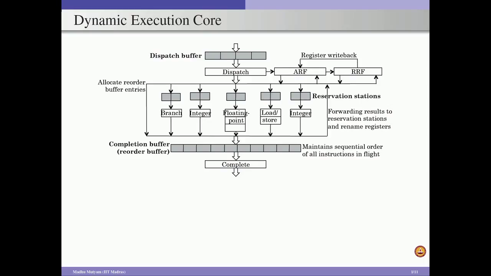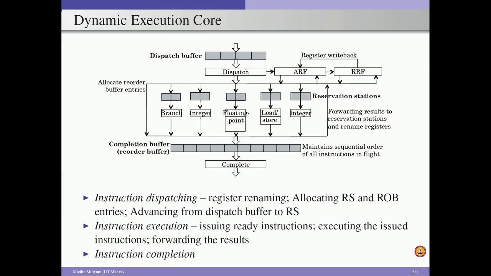So, effectively, the dynamic execution core consists of a set of tasks. One is instruction dispatch, the second is instruction execution, and the third is instruction completion. As part of instruction dispatch, we take care of register renaming, allocation of entries in the reservation station as well as the reorder buffer, and advancing the instruction from the dispatch buffer to the reservation station.